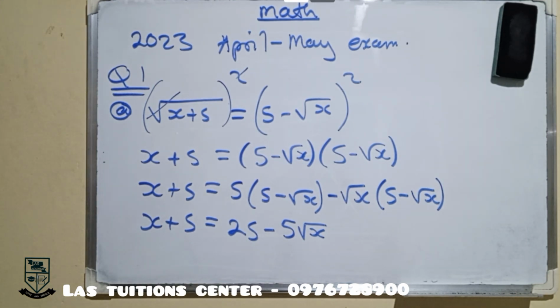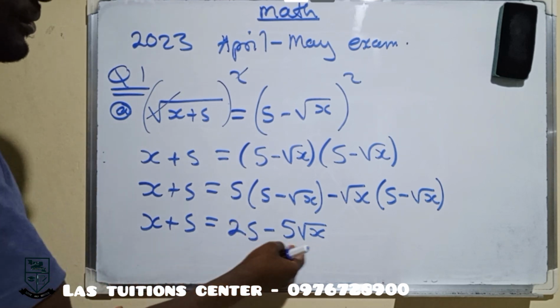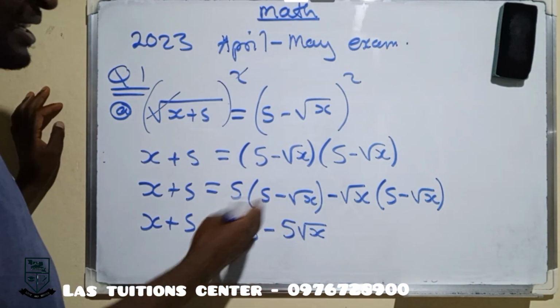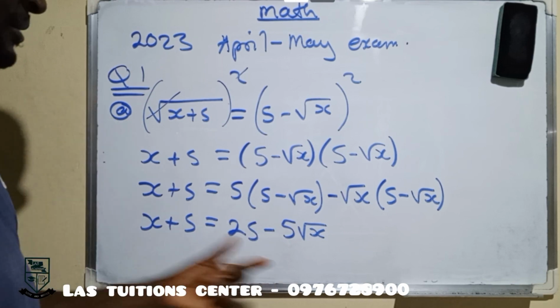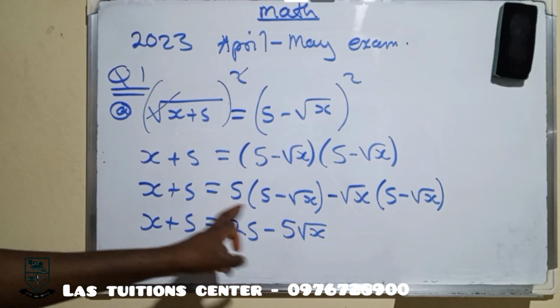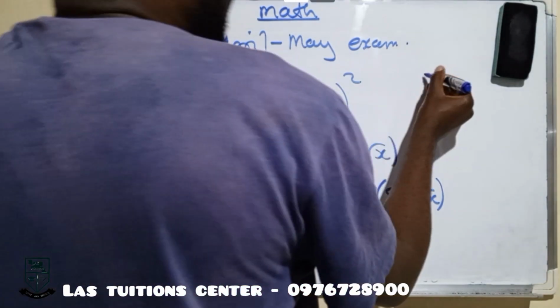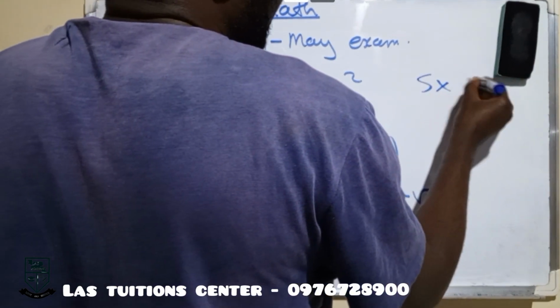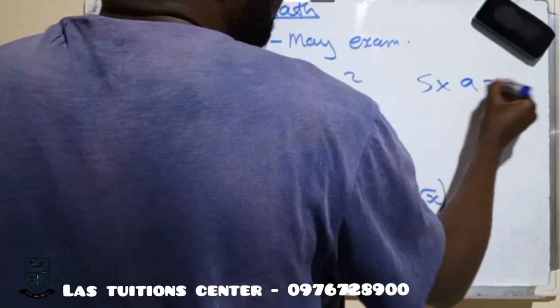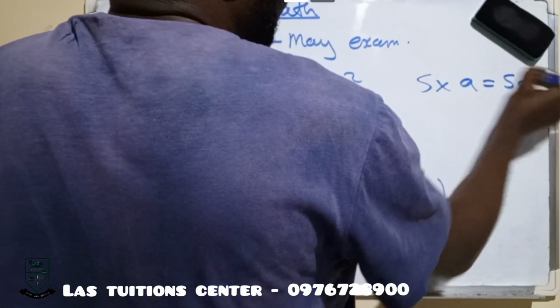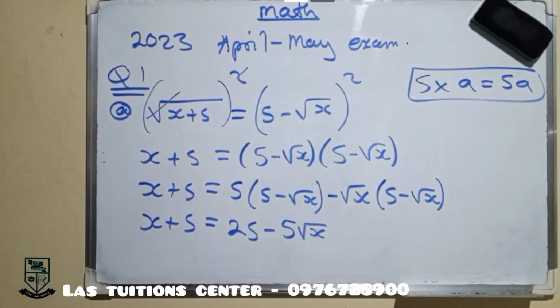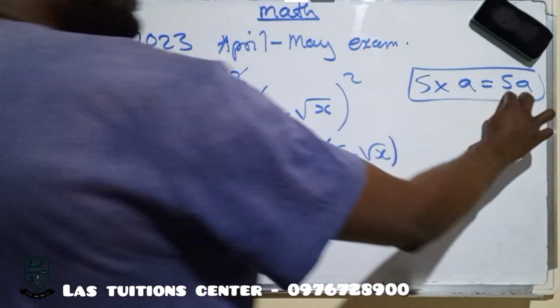You can't blend them. The 5 cannot go inside the x, and the x cannot come outside. So they remain just like this. It's like you have 5 times a, which simply gives you 5a. There's nothing much that can be done about it, so you just combine them and get that.